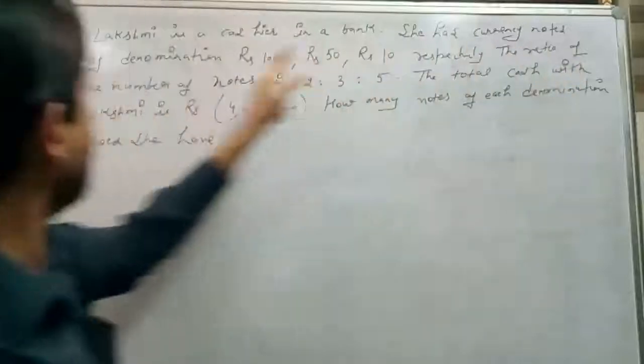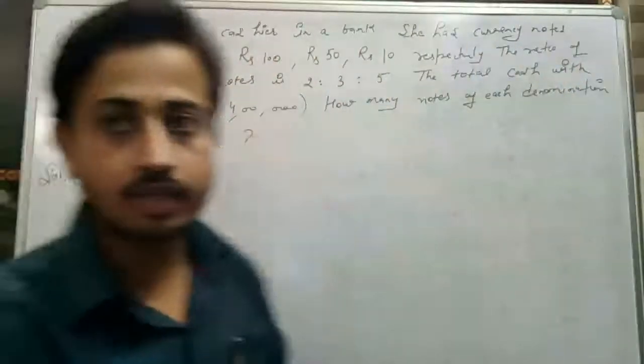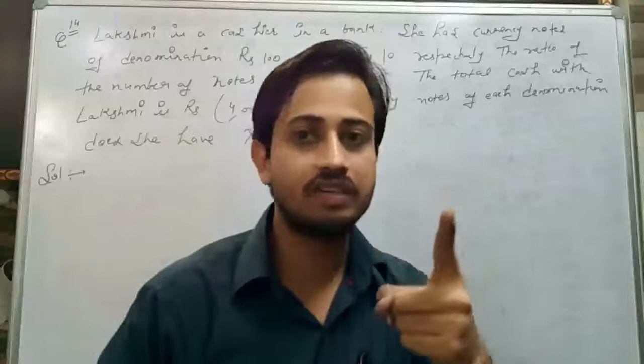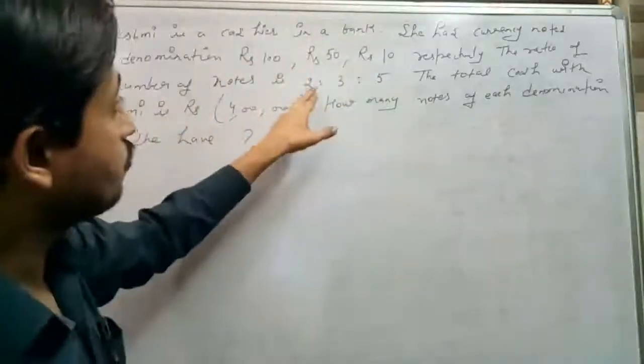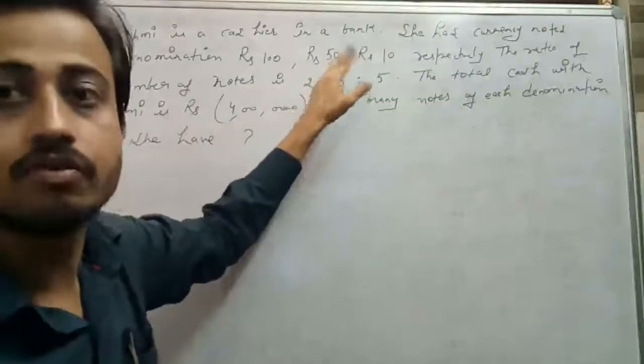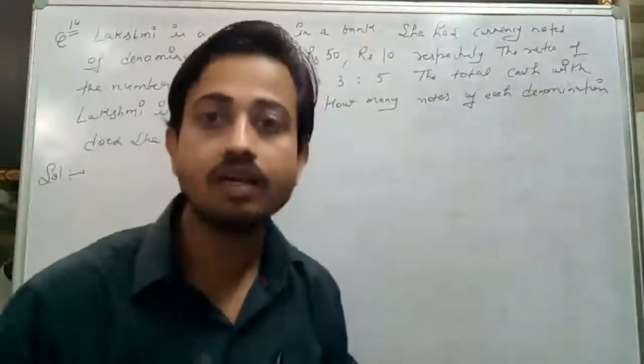The ratio of the number of notes is given, so we have to take a variable. What's the ratio of 100 rupees notes, 50 rupees notes and 10 rupees notes?